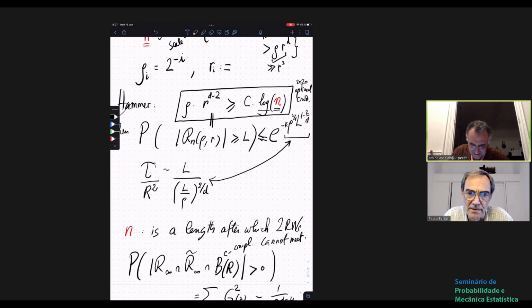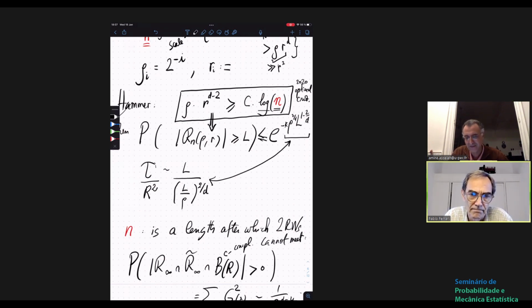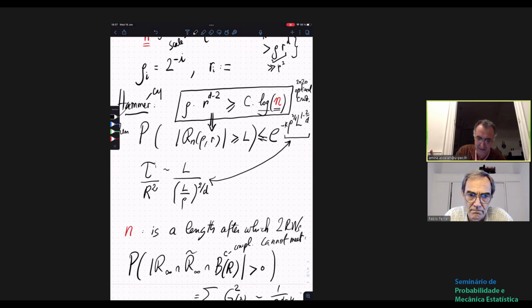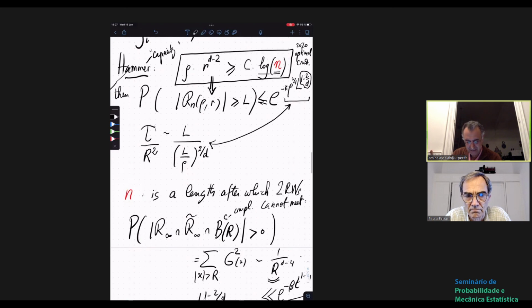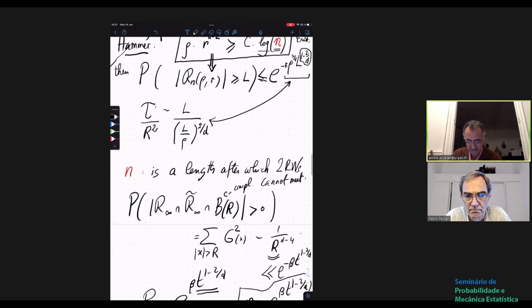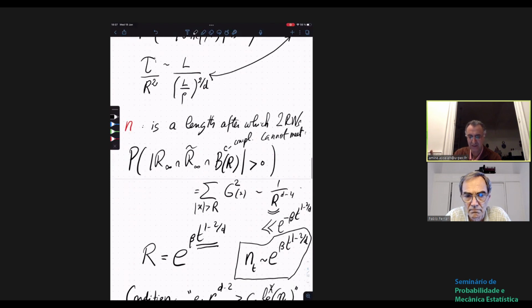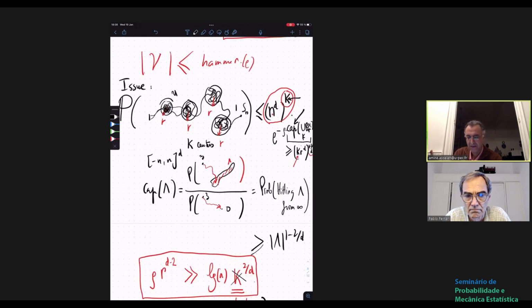It's really in this condition. Before I had such a lemma, but with a much worse condition. So in the hammer you need this lemma about capacity. You don't see it here, capacity does not play any role here. Maybe you might feel that there's one over this capacity. It's really hidden in the probability that you have to visit uniformly a domain. There you see the capacity popping up.